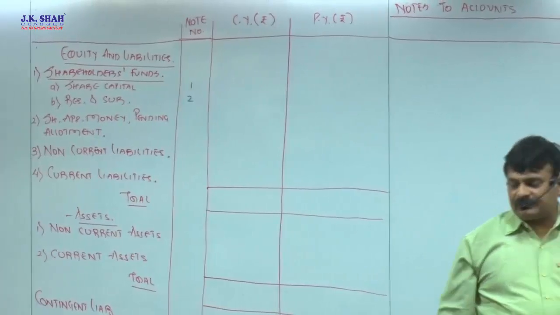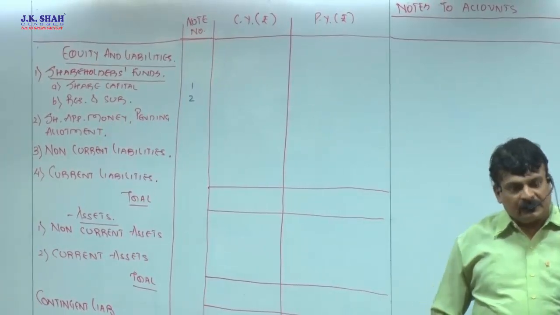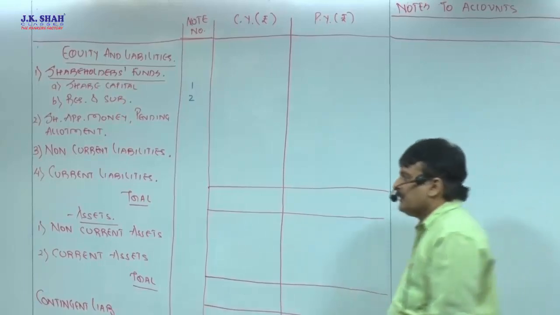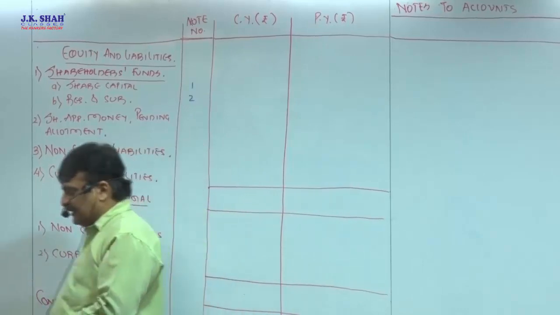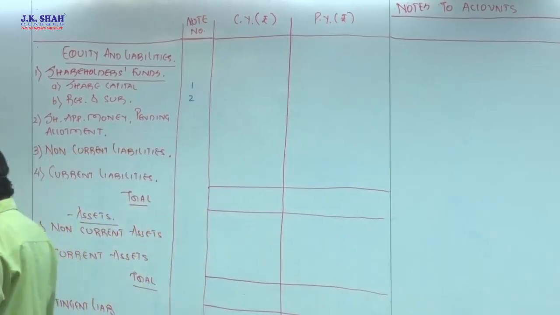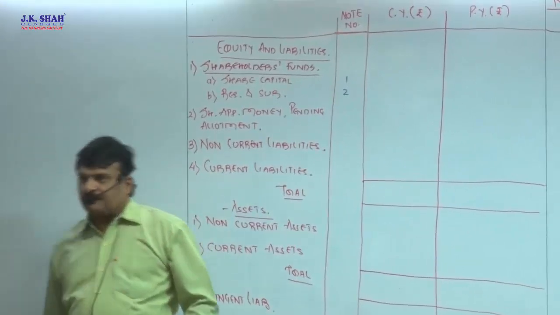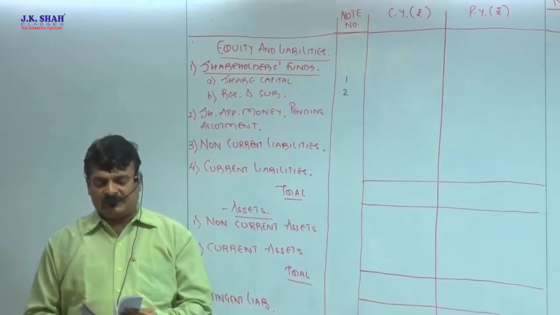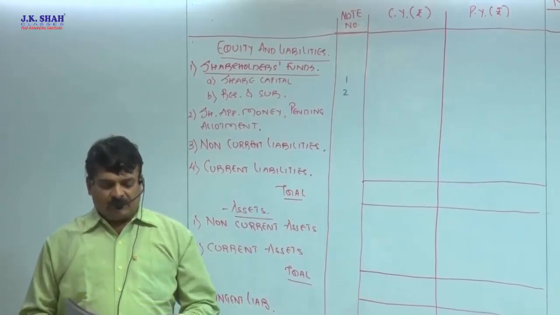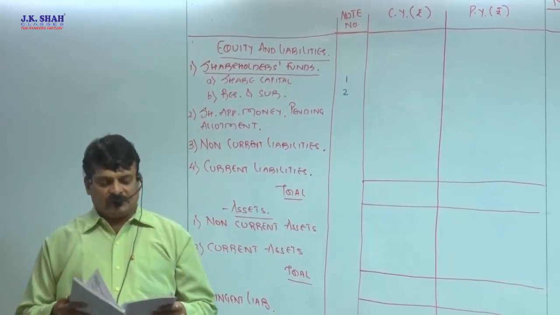No, dash. Next, share application money pending allotment. Do we have it? No, dash. Non-current liabilities head: first one, long-term borrowings.